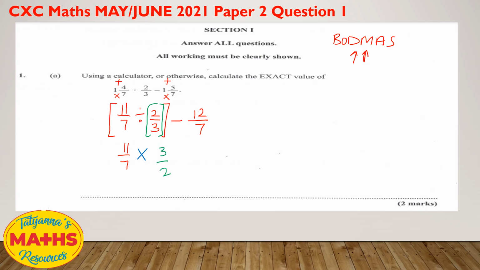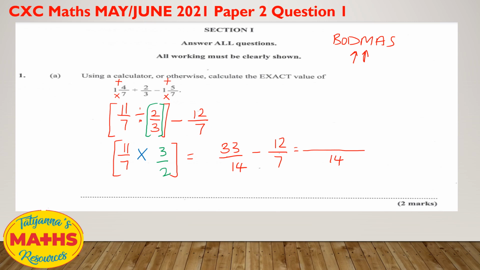Let's work that out. Can we cancel anything? No. So that's going to give us 33/14 minus 12/7. We have to find the LCM now. 14 and 7, lowest common multiple, 14. 14 can go into 14 without a remainder, and 7 can go into 14.